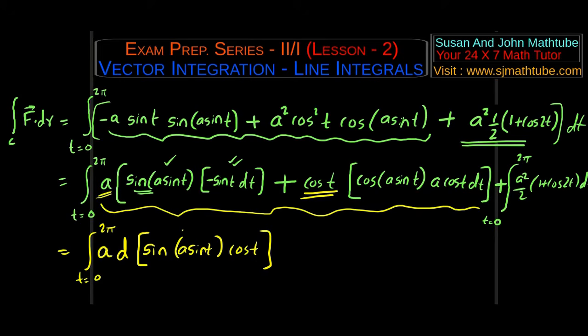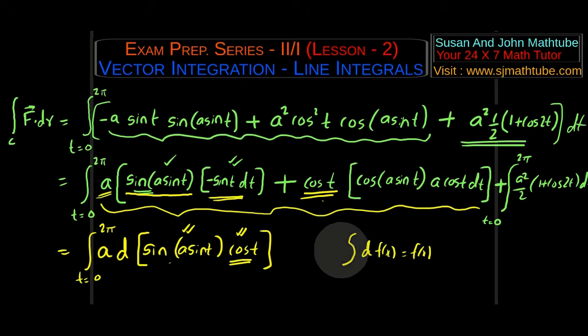So look at this, first function and derivative of the second, or to be honest, the differential of the second, plus second function into the differential of the first. I hope you are able to see that. First function, differential of the second, and second function, differential of the first. And remember the property, the integral of a differential of a function will be the function. So the first part is settled.